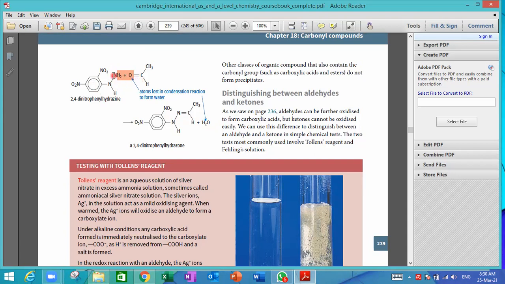The nitrogen is going to replace the oxygen of the C=O to produce N=C. And this is the orange precipitate that is formed. We call it a condensation reaction, as when these 2 molecules are added together, a small molecule, which is water, is eliminated.